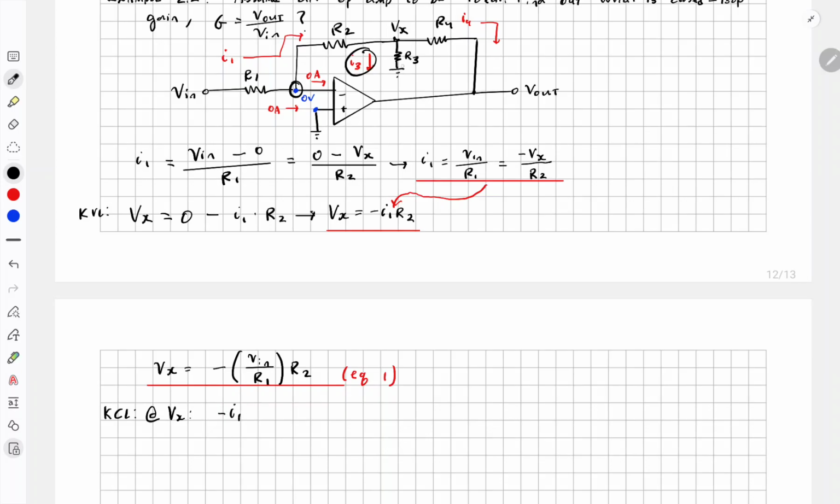I3 is leaving Vx, so it has a positive sign. And I4 is leaving Vx, so it has a positive sign. And the summation of the currents at the same node is equal to 0. So now you can say that I4 is equal to I1 minus I3.